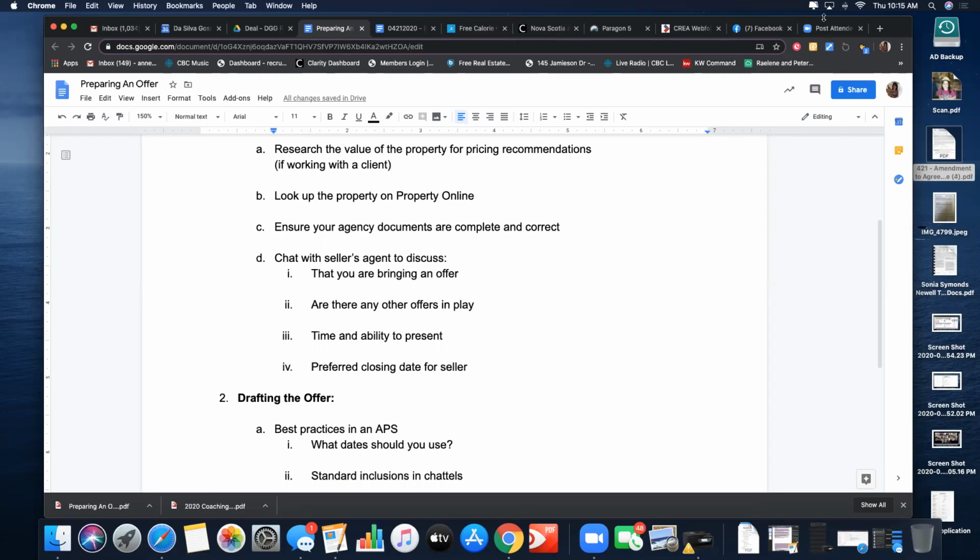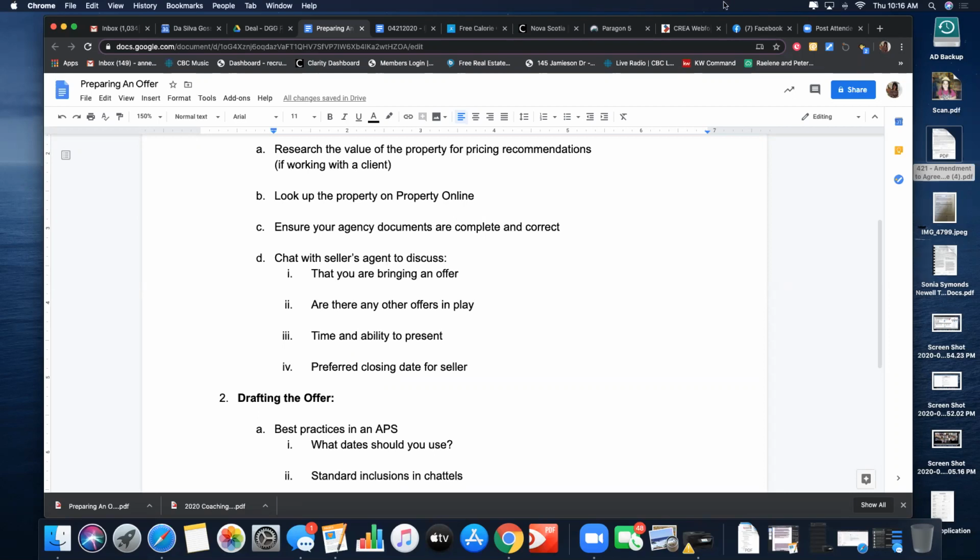It is important because it matters how you go forward, with knowing what type of advice you're able to give. That's why that agency document absolutely has to be done before you prepare an offer. You cannot proceed any further to write that offer until that's done.